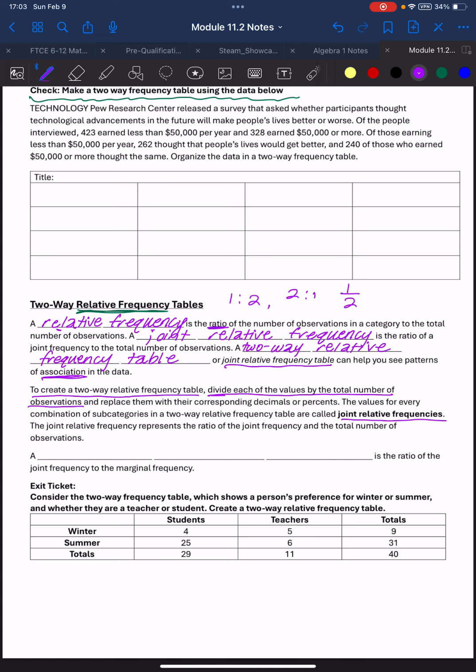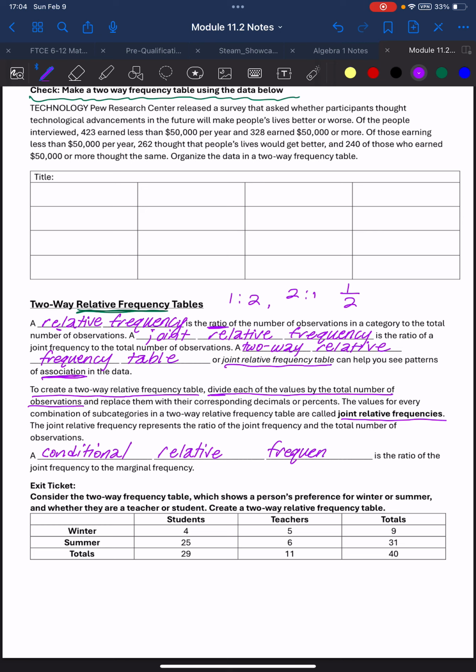All right, and then our last term. Make sure I have this right. So a conditional, our other type of two-way relative frequency table, a conditional relative frequency is the ratio of the joint frequency to the marginal frequency, okay?